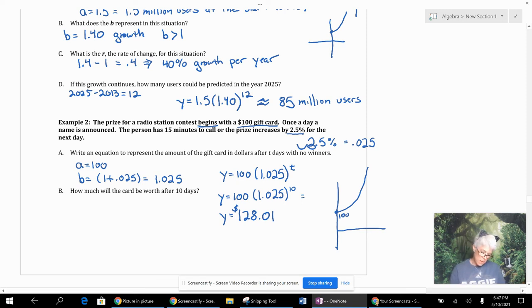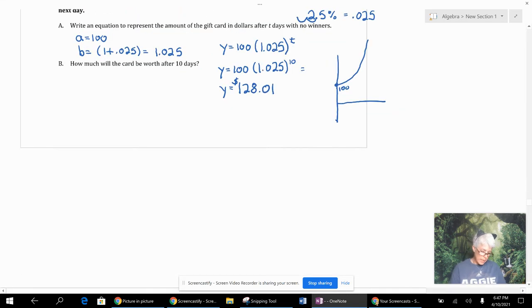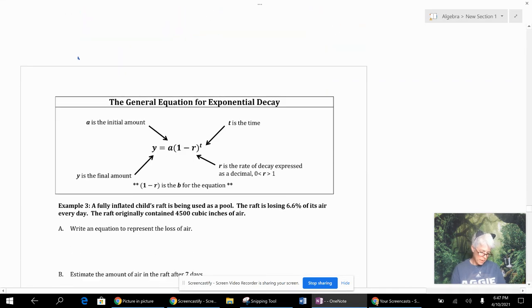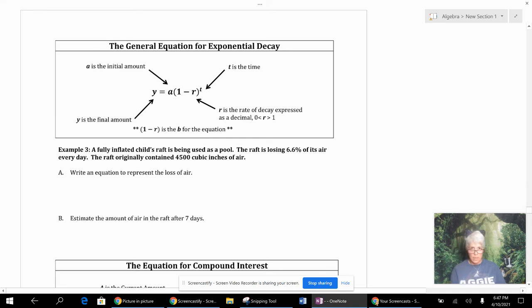Okay, let's look at decay. Decay is when B is less than 1. So we have another situation here, and it says a fully inflated child raft is being used as a pool. The raft is losing, there's your subtraction right there, 6.6%. Move the decimal over twice, I get 0.066. The raft contained 4,500.